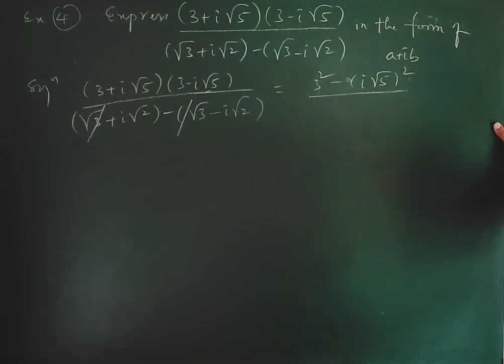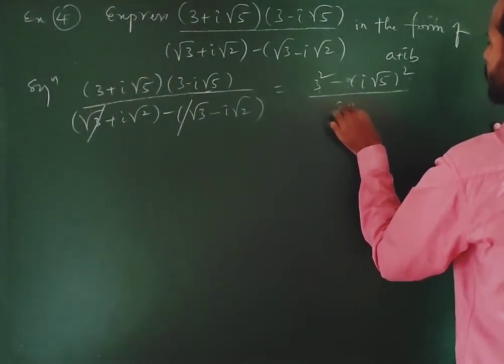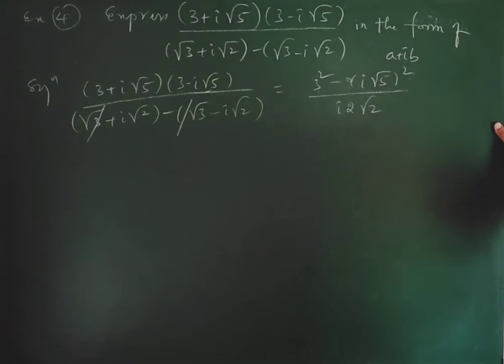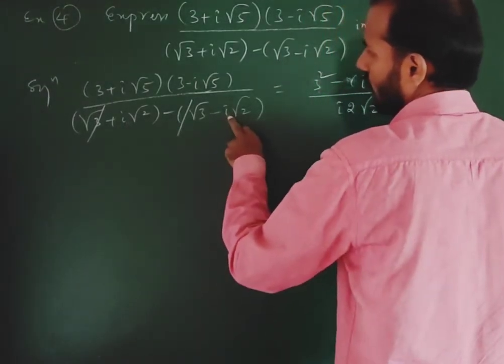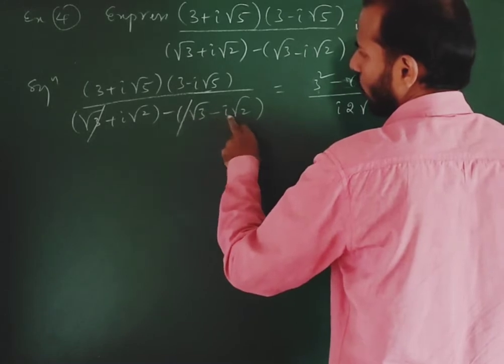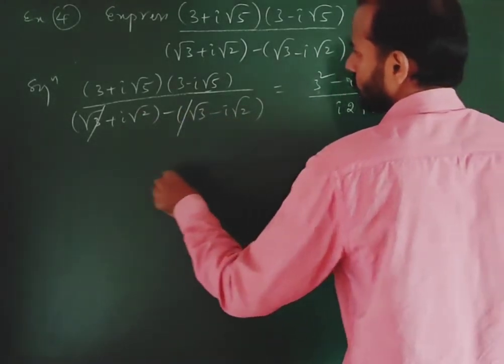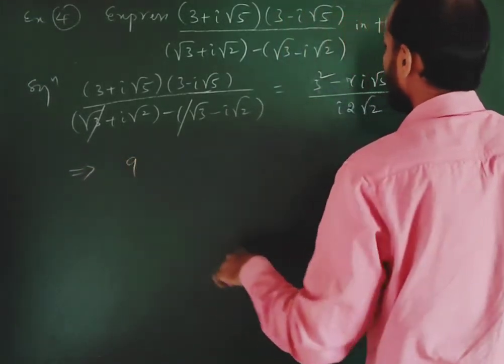The remaining terms are i root 2 and i root 2. Minus minus plus, i root 2 plus i root 2 is 2i root 2. Now, in the numerator, 3 square is 9.